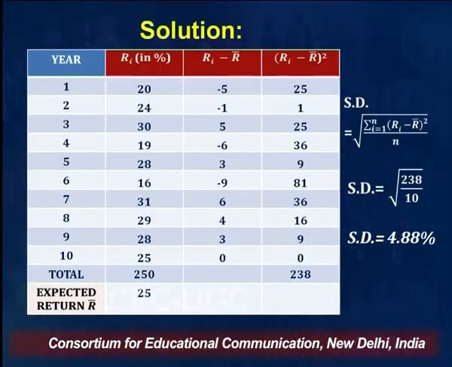So this was the example which we took. In this case, first of all I calculated average return 25%, and then for calculating risk I said 20 minus 25 is minus 5. In this way we calculated Ri minus R bar whole square, and the square root of 238 divided by 10, because there are 10 years of observation, is the risk element.